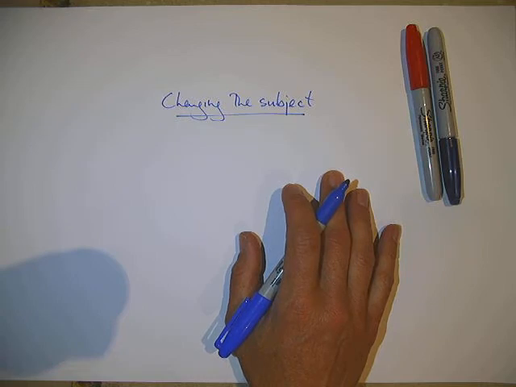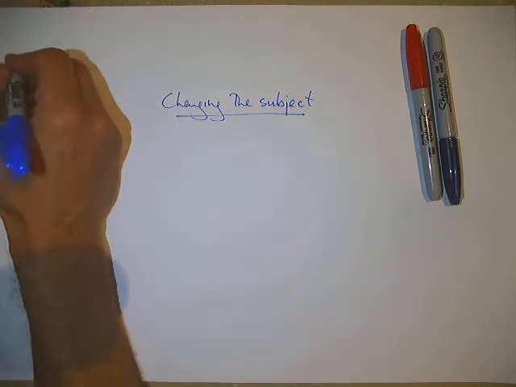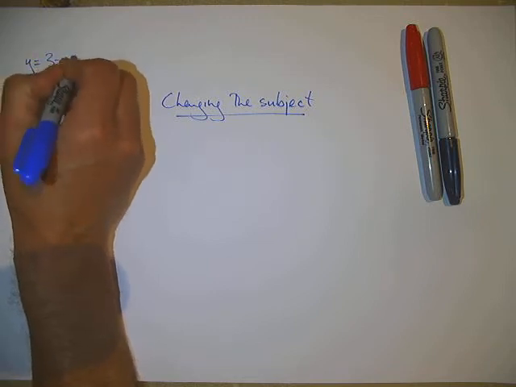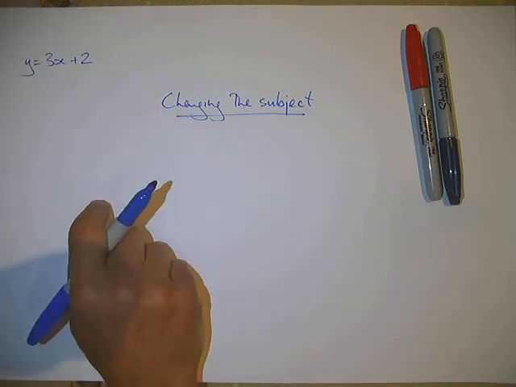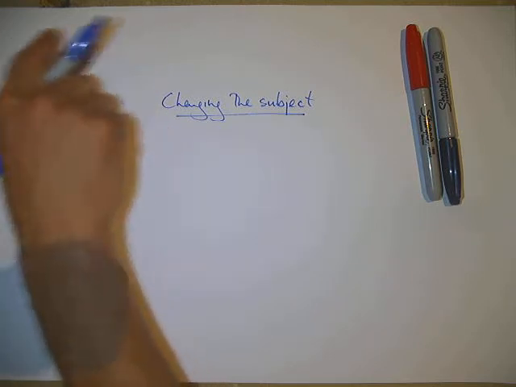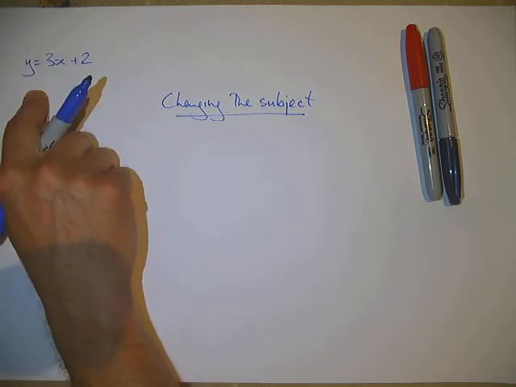Just to remind you, the idea is that with an equation like y equals 3x plus 2, where y is the subject, we can rearrange that to make x the subject.